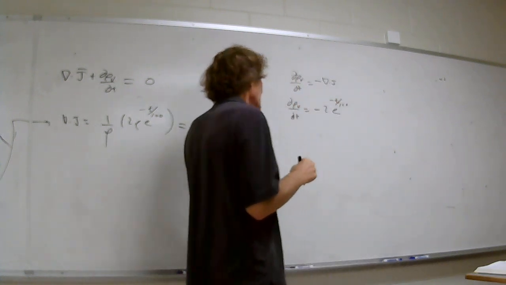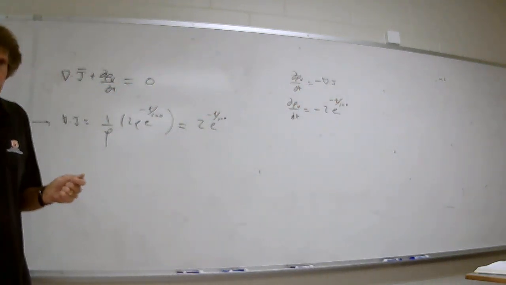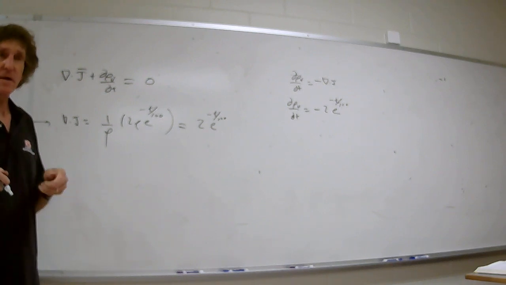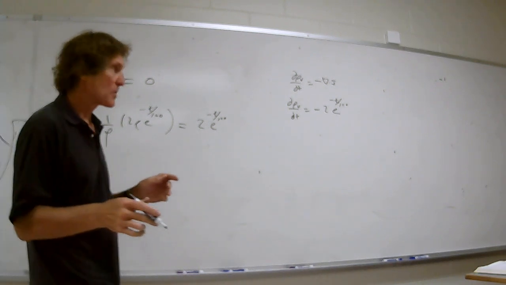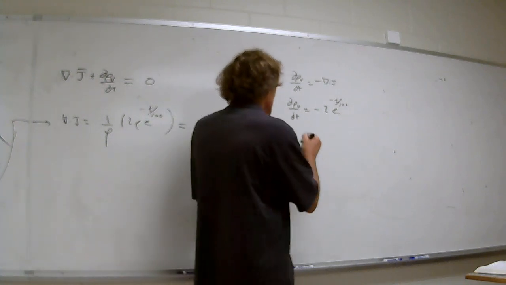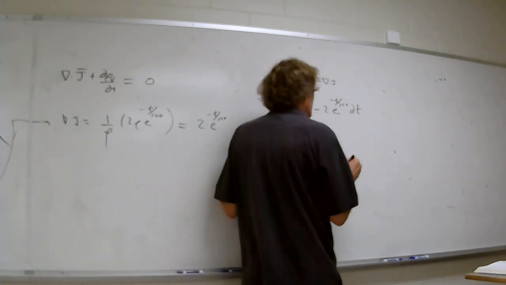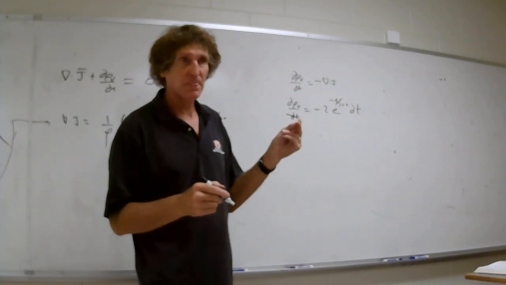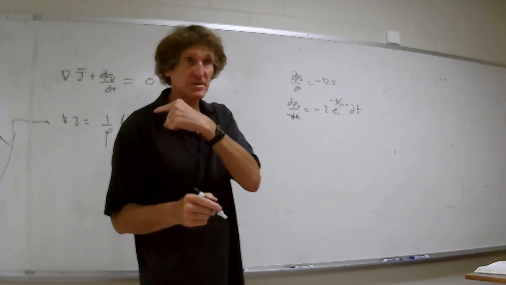Keep going. What's the next step? You can move the dt over and integrate both sides. You're exactly right. We multiply by dt and then integrate both sides. Remember, this is an indefinite integral, so we have to add a constant, and we'll figure out what it is in a second.